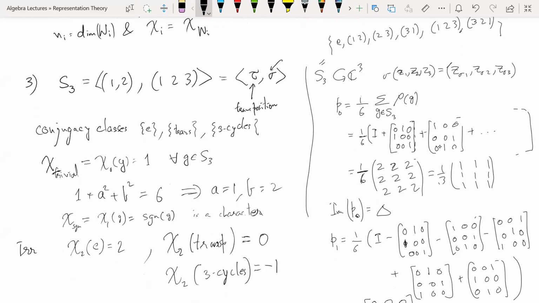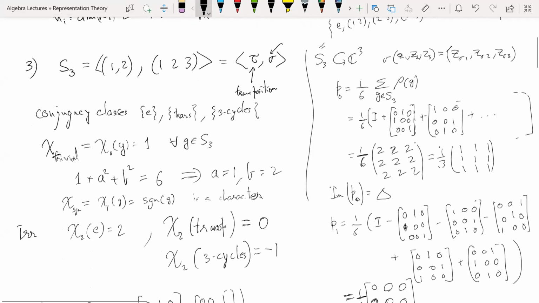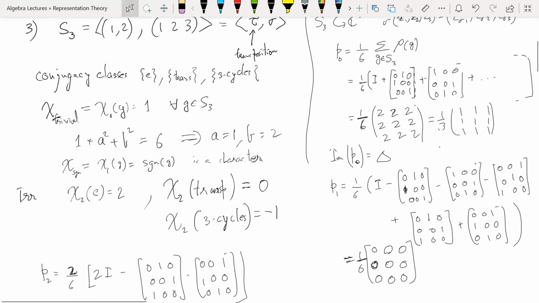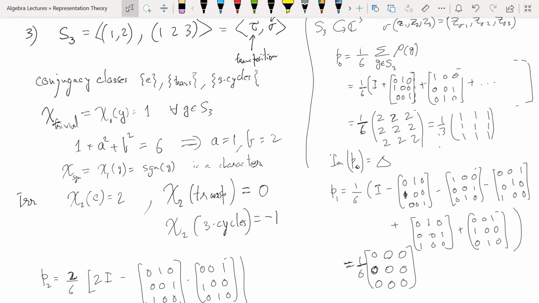So the next 3 terms are negative, and then the last 2 are for the 3-cycles, so you get them with positive signs. If you add them, you'll see that you get 0. I just checked, and we got the 0 matrix. So that tells you that the image of P1 is 0, which is what we had guessed, and there is no subrepresentation corresponding to the character chi1.